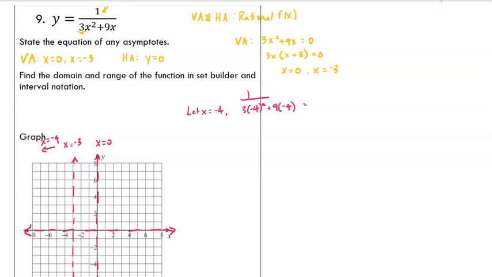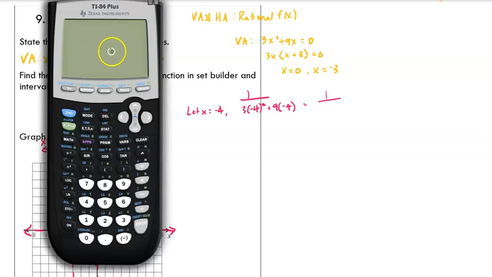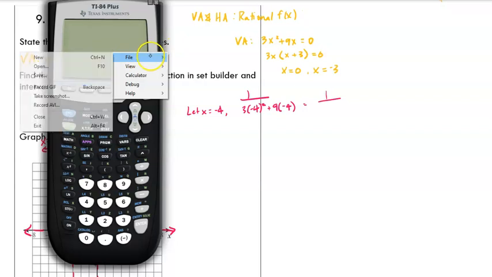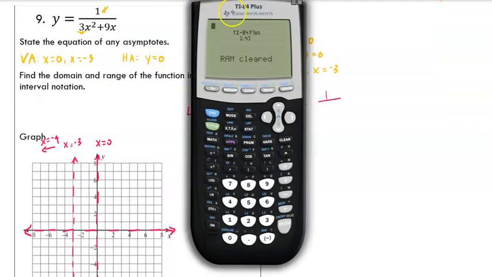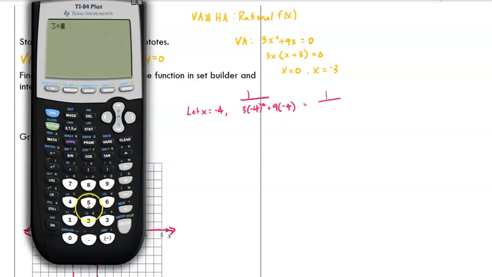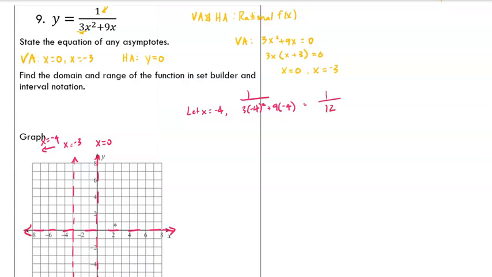Which is going to equal 1 over 3 times 16 plus 9 times negative 4, which is 1 over 12. Okay, so once again, it's going to be positive, just like I had guessed.